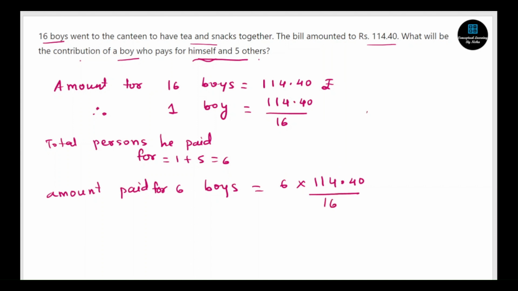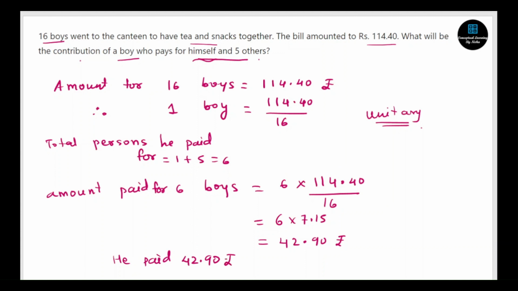We learned the unitary method now, so we applied it here. Now you have to simplify and then you can find the final answer. When we simplify, I'll get 6 times 7.15 and this gives me 42.90. So he paid 42.90 rupees in total.